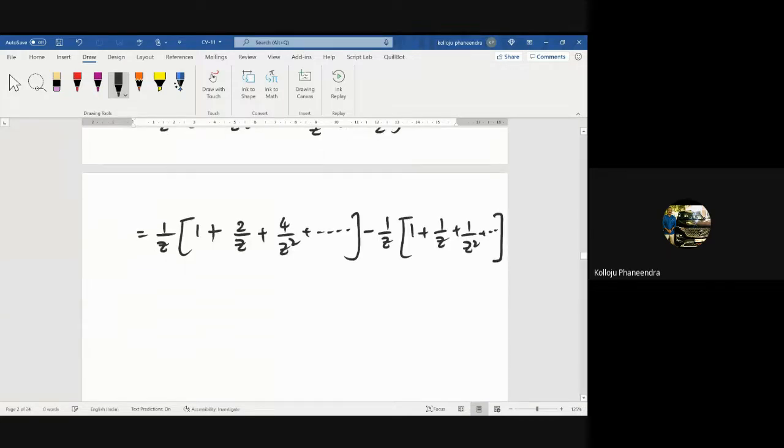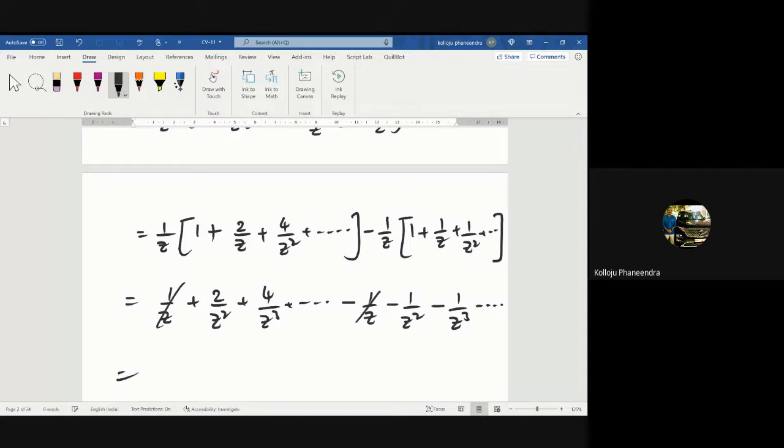Now let me simplify this. 1 by z plus 2 by z square plus 4 by z cube and so on. Next, minus 1 by z minus 1 by z square minus 1 by z cube and so on. So this first term gets cancelled. What is this? 1 by z square.